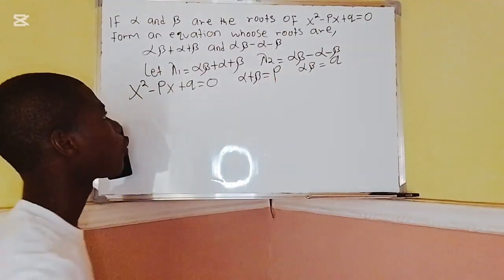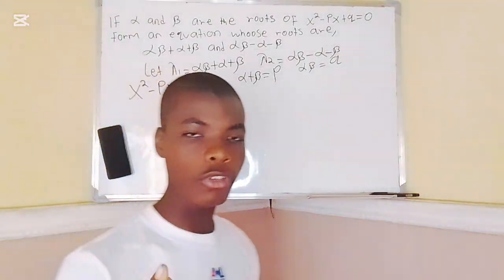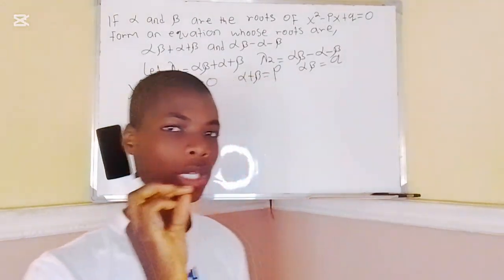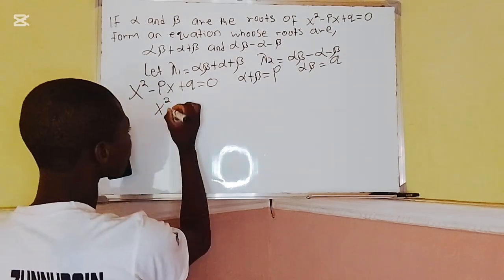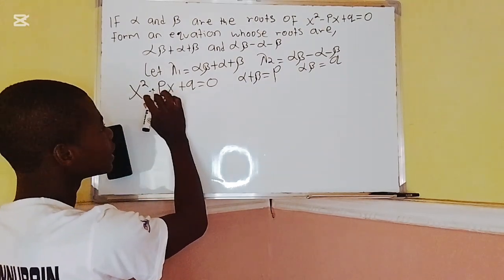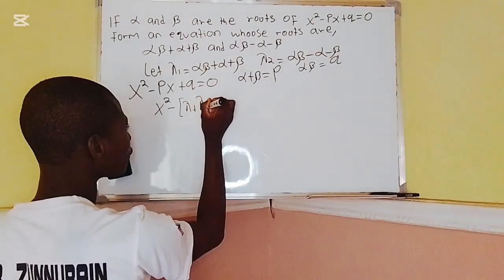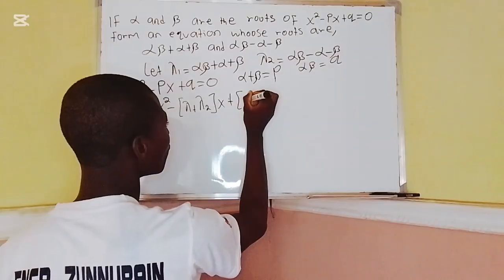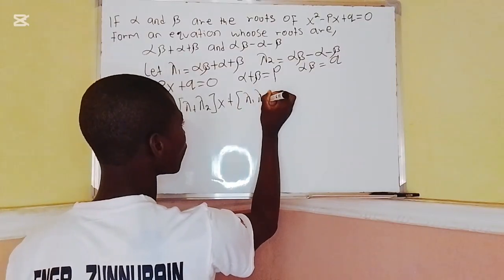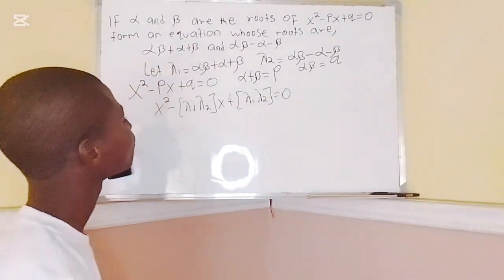The next thing you are going to do is remove the p and q and insert the sum and product of lambda 1 and lambda 2. So I have x squared minus lambda 1 plus lambda 2 of x plus lambda 1 multiplied by lambda 2, equals 0.